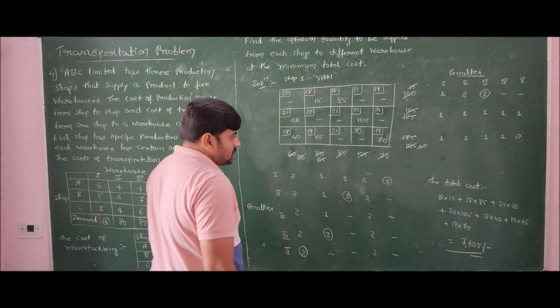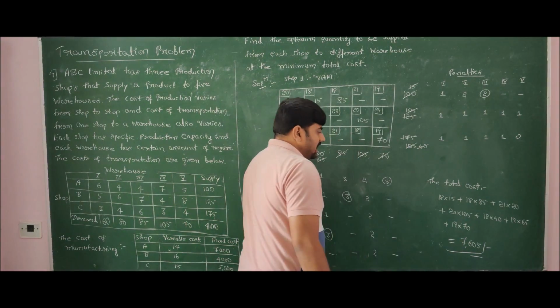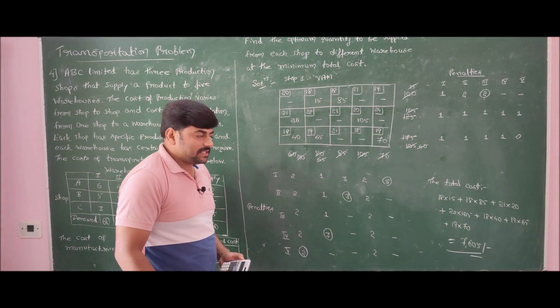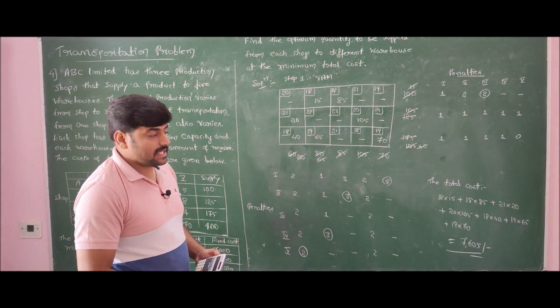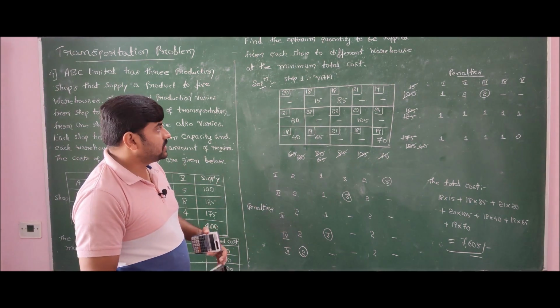The unit of cost has not been given, so let me take it in rupees. If I consider it in rupees, we have got the total cost as 7,605 for the initial basic feasible solution.